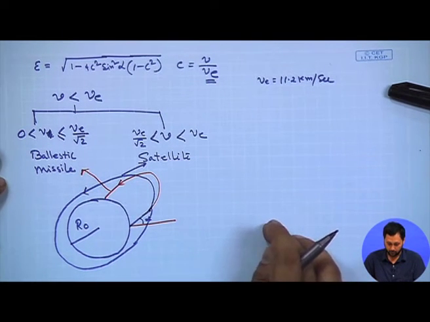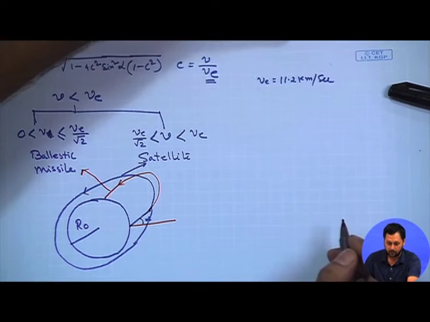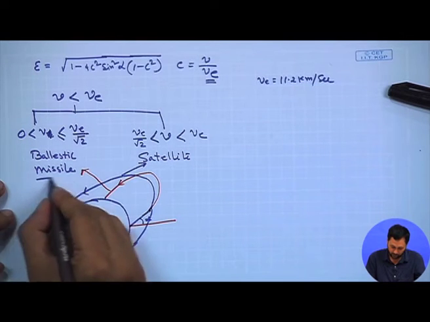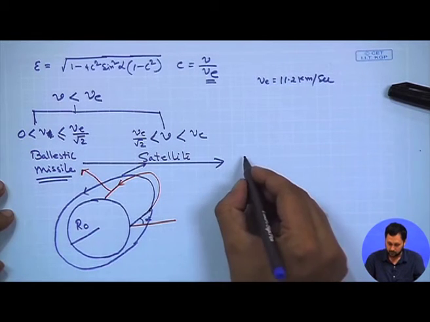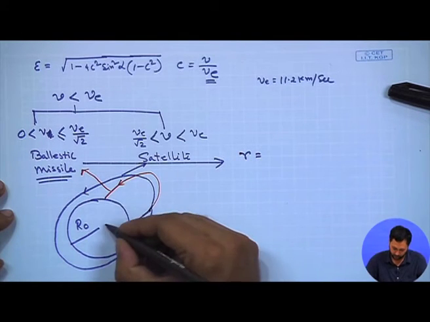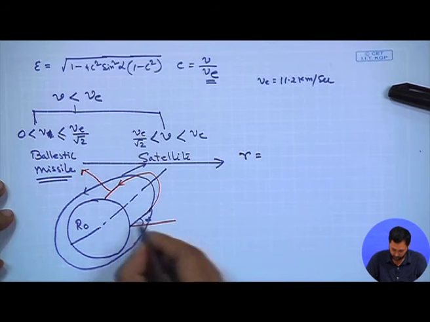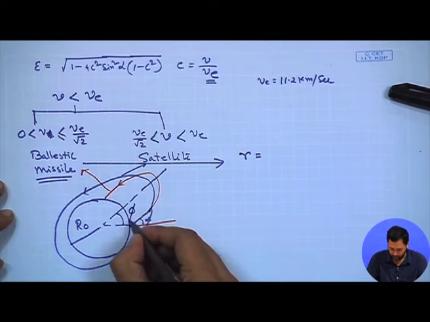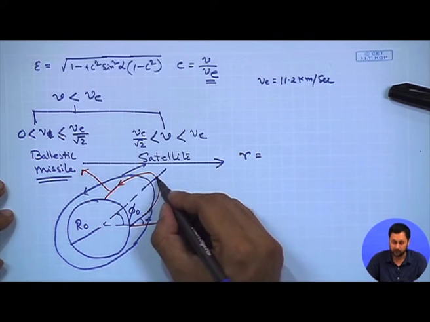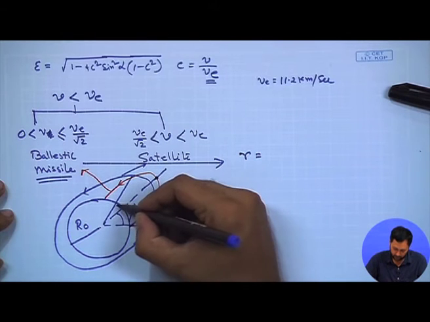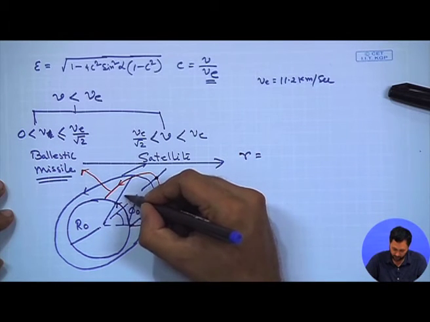Now, we have also found out that for a ballistic missile there are certain parameters which can be calculated. The relation is r for any point on the orbit. We have defined this angle as phi 0, that is the angle of the apogee, and any other angle is measured as phi.